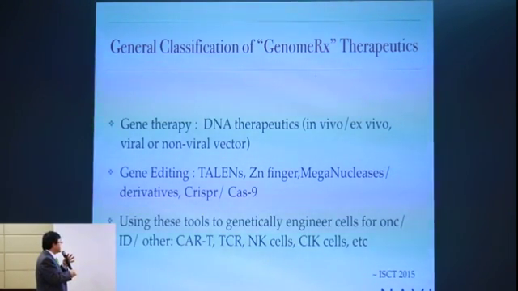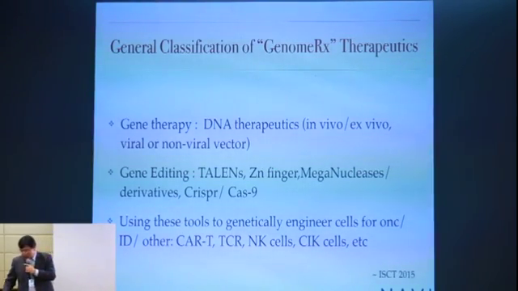And gene editing is to directly modify some special gene inside the cells with a special technique named CRISPR or Cas9. And they use genetically modified cells, or they just use immune cells to treat disease. So the three categories are very important for investors to select.